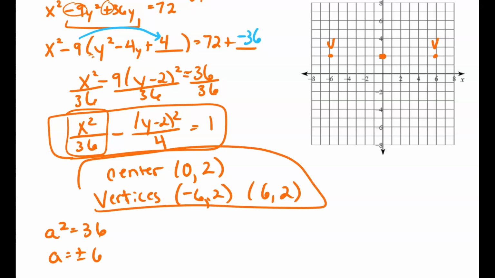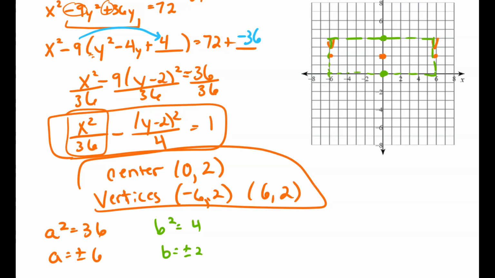Now remember, how do we graph this? Well, we have to use B. So we got b squared equals 4, so we know b is going to be plus or minus 2, so that means I got to go up 2 and down 2, and then we make our box that goes through the vertices and the points that B formed.